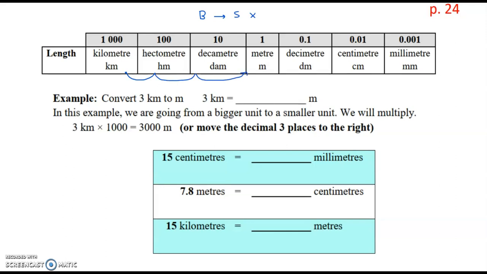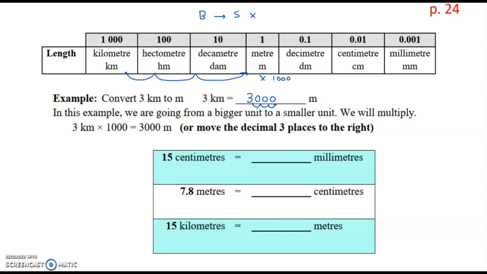So 3 places means I'm going to multiply by 1,000, or I can take this 3 kilometers, and I can move 3 places to the right and add in my zeros. So 3 kilometers is equal to 3,000 meters.